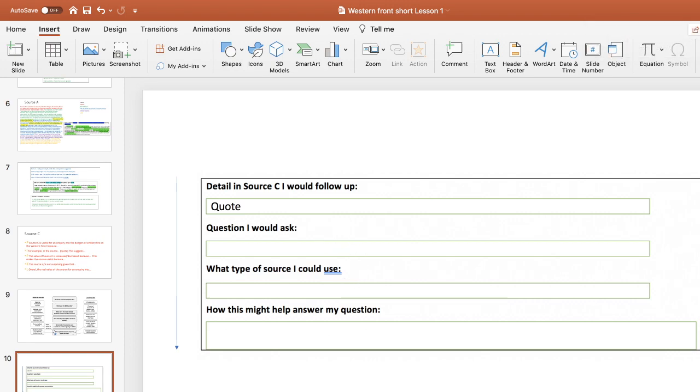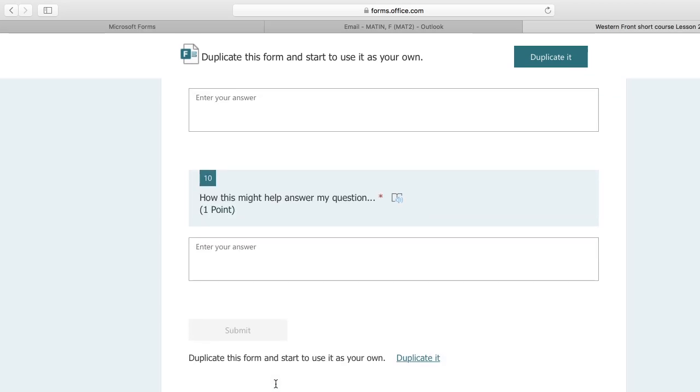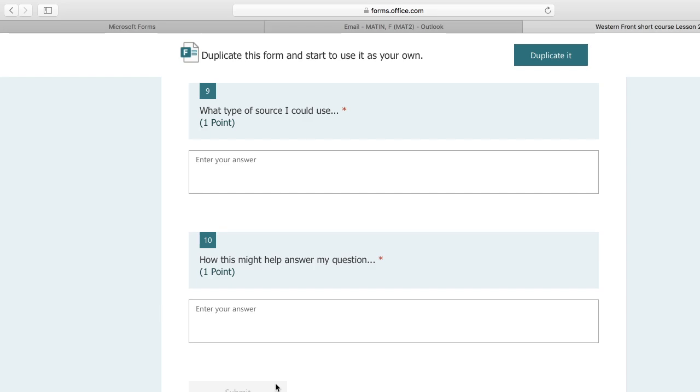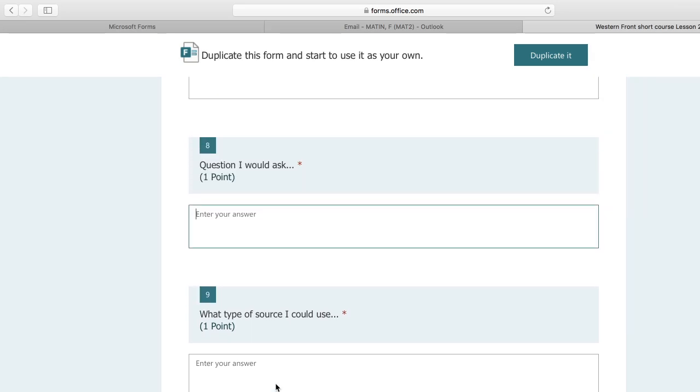Now what I would like you to do right now is to fill that in to the best of your ability based on that source. And after you've done that, I'm then going to show you a model answer. But obviously that model answer is going to be different to the one that you're writing. I don't want you to just copy it in, but try to write it. So pause the video and try to write an answer to those questions.